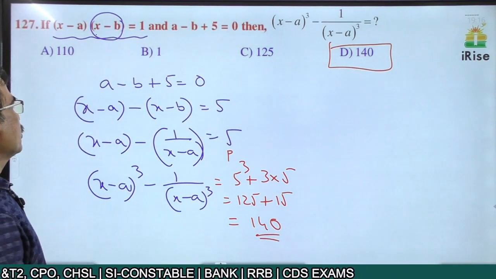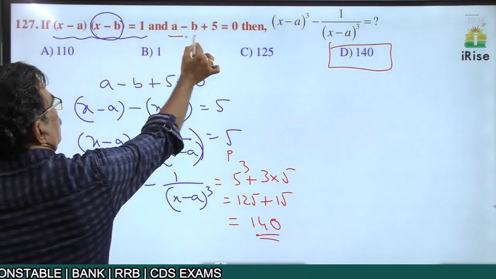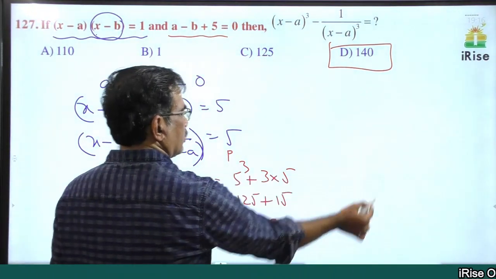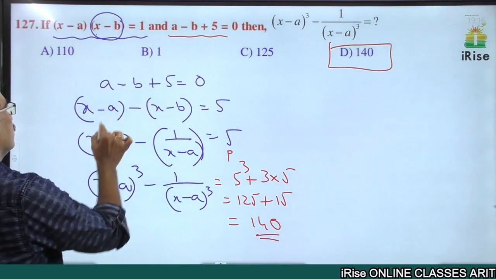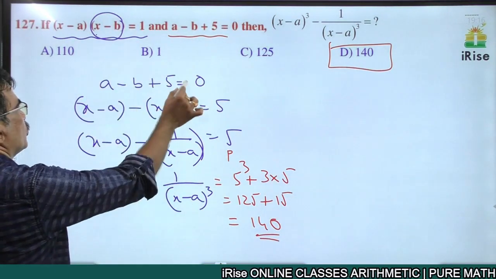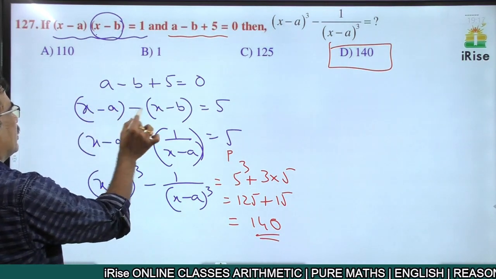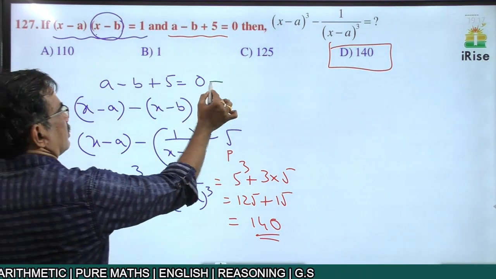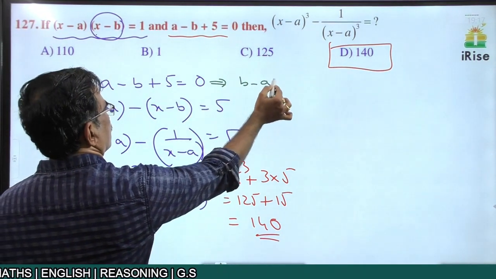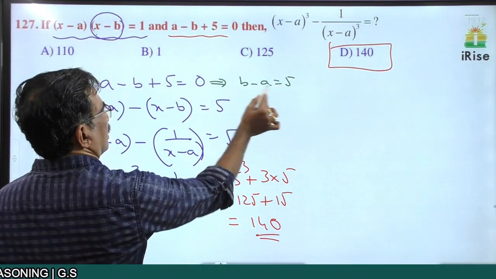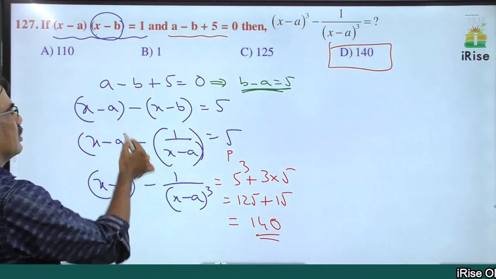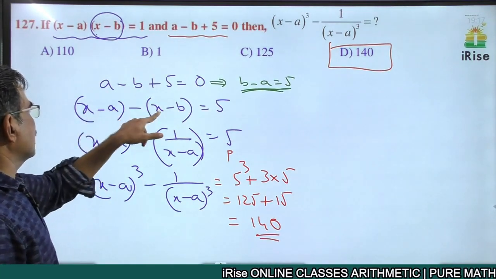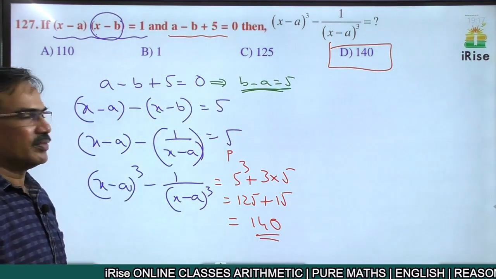Once again listen to the condition. A minus b plus 5 is equal to 0 is given. Then write this equation as (x minus a) minus (x minus b) is equal to 5. Here x cancel, you get b minus a is equal to 5.